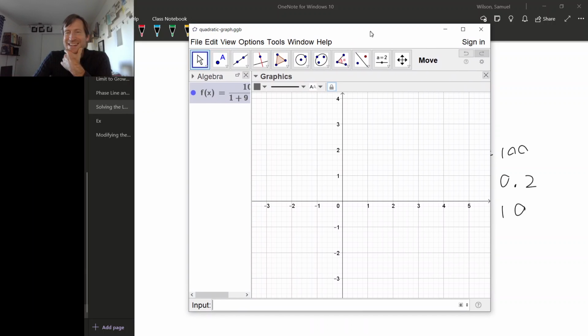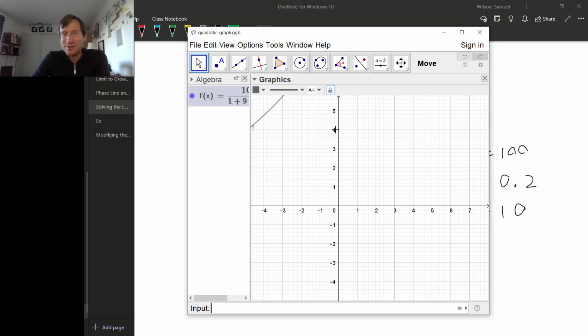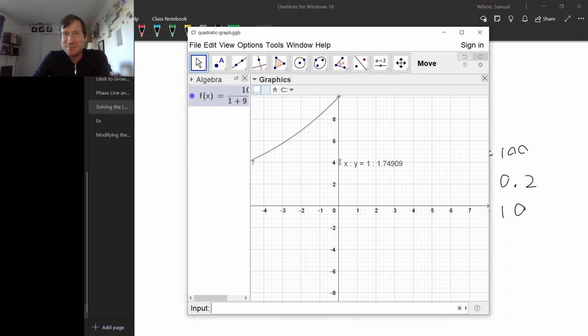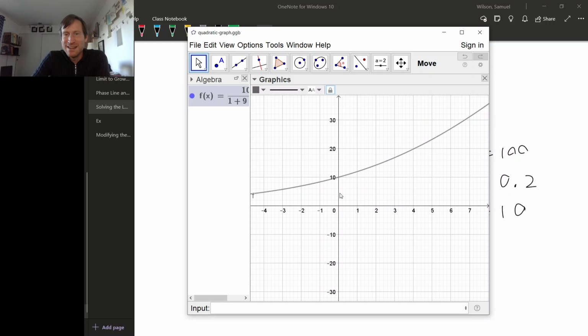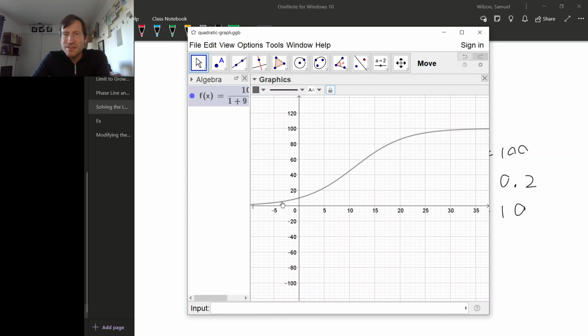We can't see anything right now, but remember our population starts at 10, so we'd better look at least up to 10. So there's 10. And if we zoom out a little bit more, you can see as time goes on, the population levels off at 100, which makes perfect sense because remember 100 was our carrying capacity.